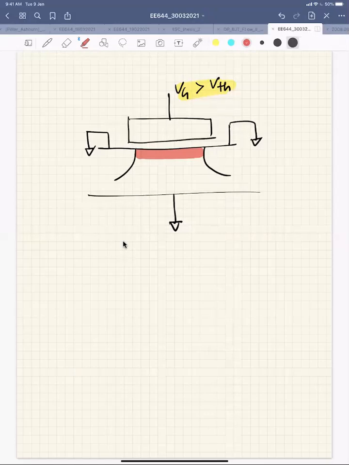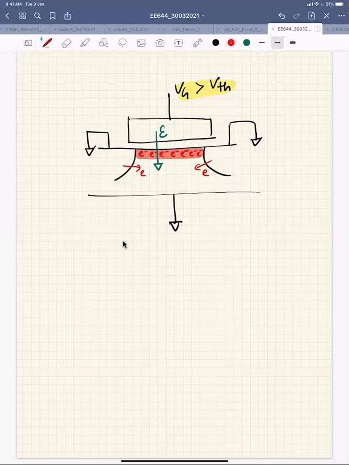You have a lot of electrons because you have an electric field in this direction, from gate to substrate, and you have electron injection from both source and drain to the body, and these electrons, because of the electric field, go and accumulate at the surface and form an inversion layer, right?